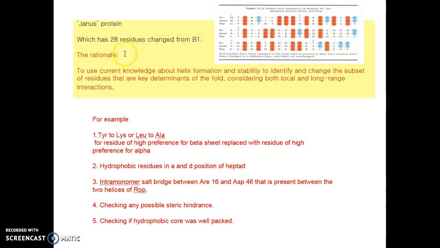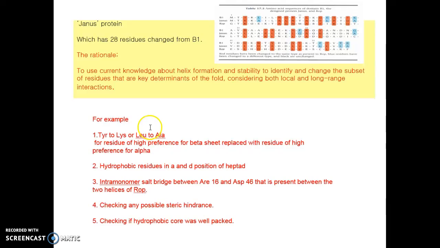The rationale to obtain the Janus protein was to use current knowledge about helix formation and stability to identify and change the subset of residues that are key determinants of the fold, considering both local and long-range interactions.